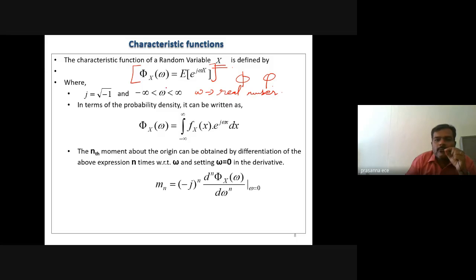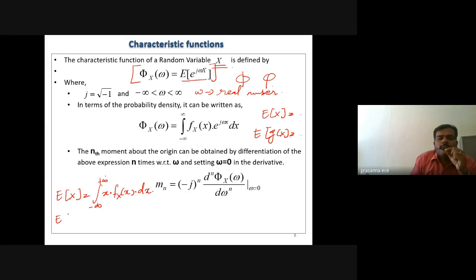In terms of probability density, it can be written as follows. What is the expectation of e power j omega x? e power j omega x is also a function of x, right? Previously, if you can recall, we have a formula for the expectation of x: E of x equals integral -infinity to +infinity x into fx of x dx.